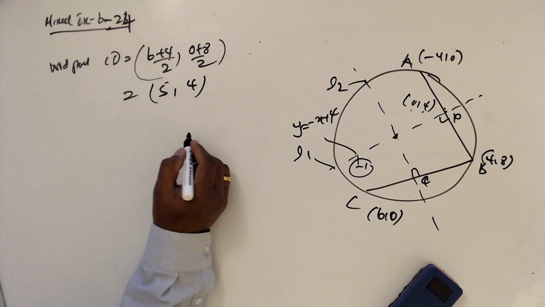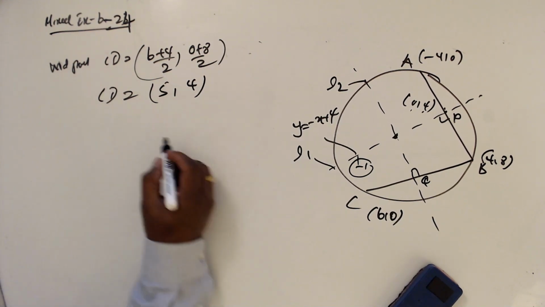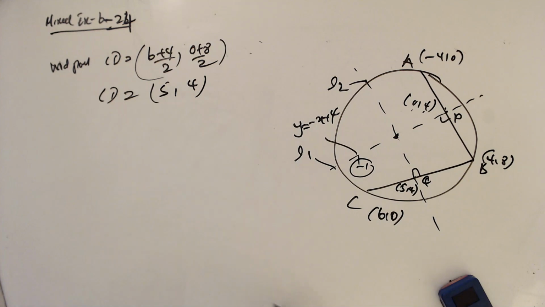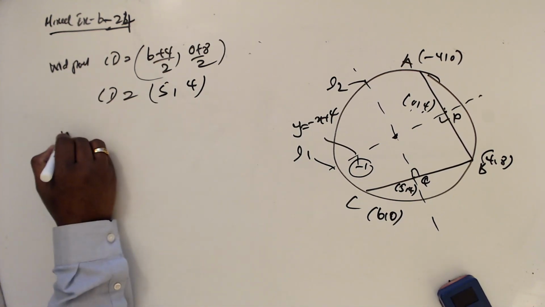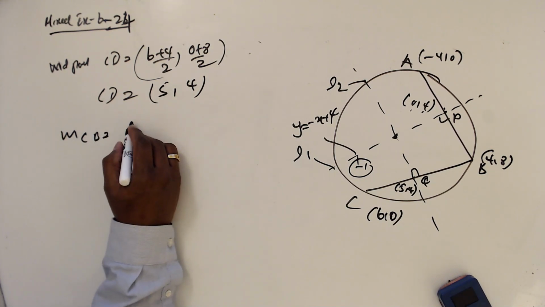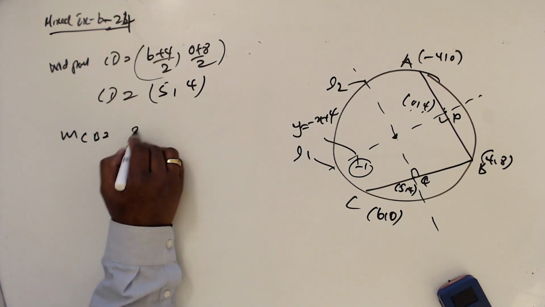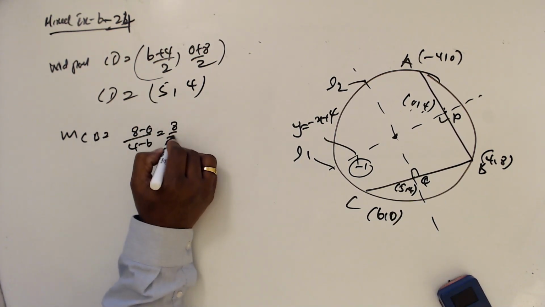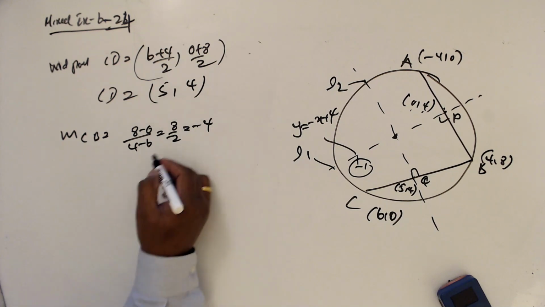So this point is 5, 4. The gradient M CB is y1 minus y2 over x1 minus x2, 8 minus 0 over 4 minus 6. So 8 over minus 2, which is minus 4.